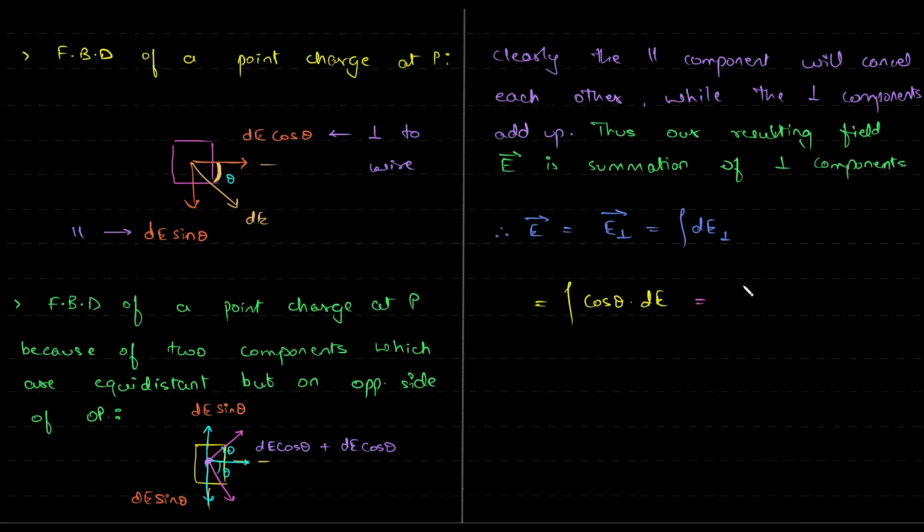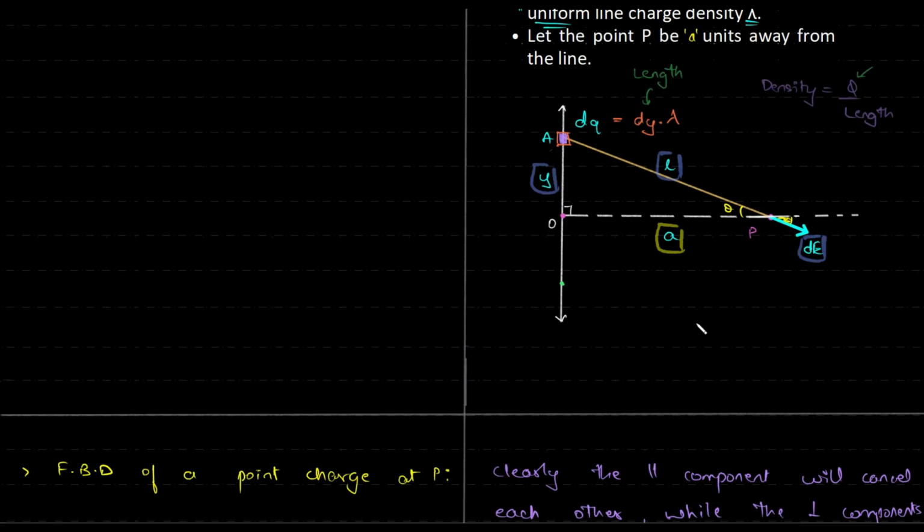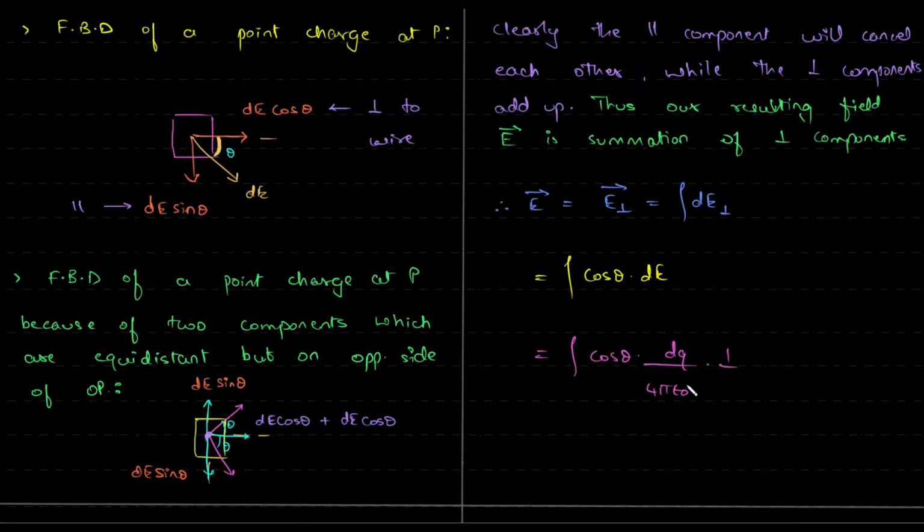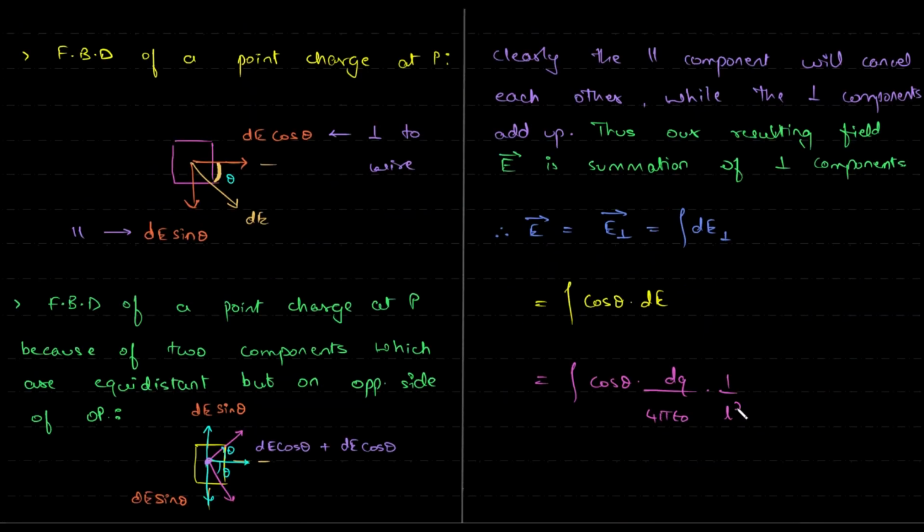Now, if I expand dE, we do it in the next line. Cos theta will be there. This will be dQ by 4 pi epsilon naught, and the length is, what is the length? From here till here, it is L. L square.